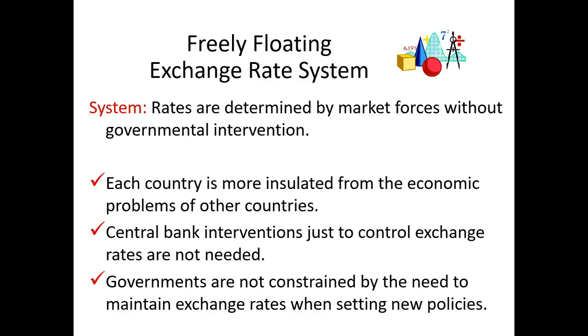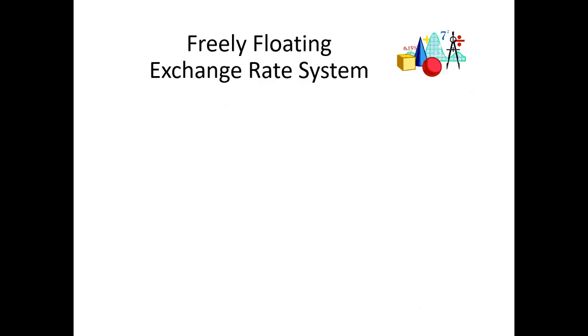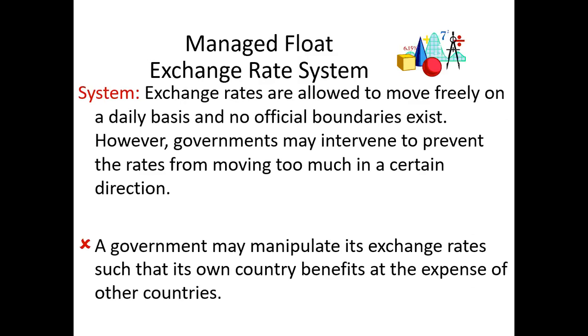All right. So then the system that came was that let's have a bit of controlled or fixed exchange rate system and let's have a bit of the freely floating. And that brought about what we call the managed floating system, or some books will call it the dirty floating exchange rate system.